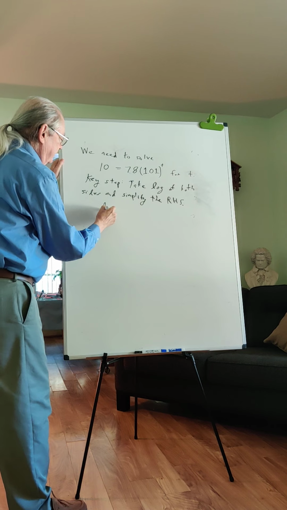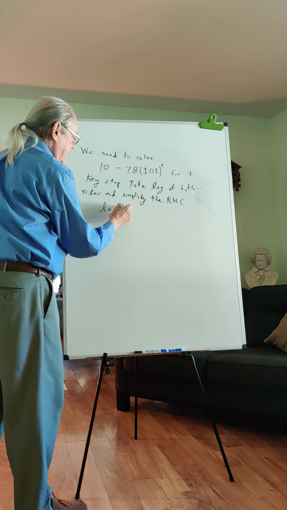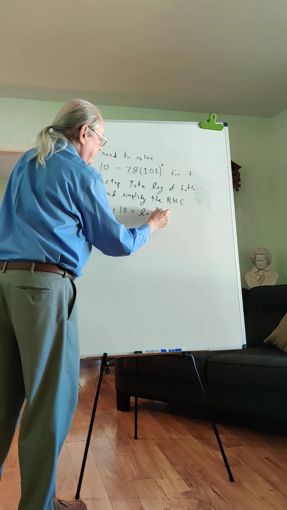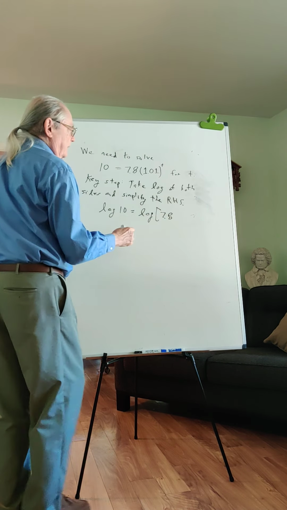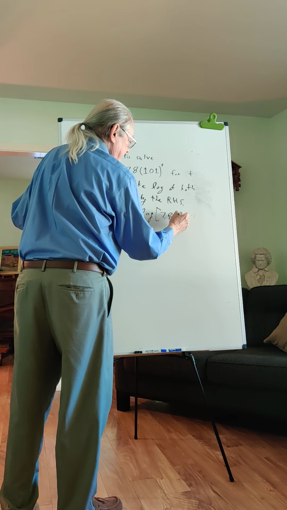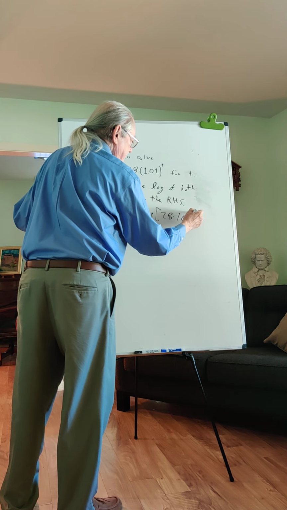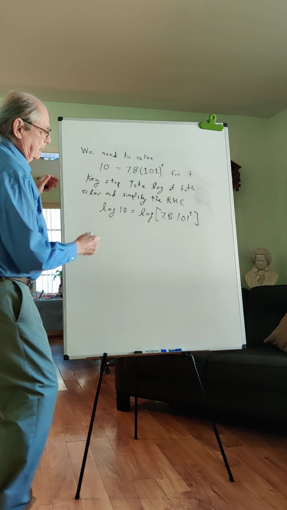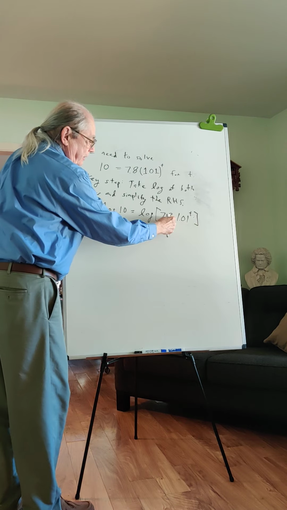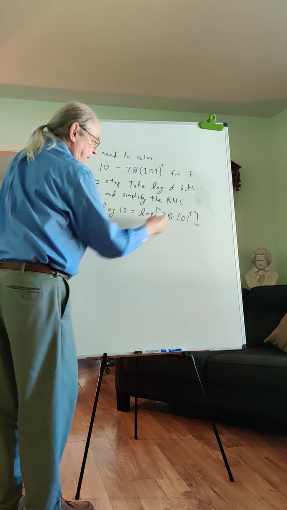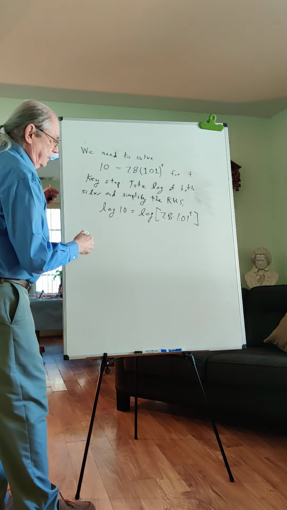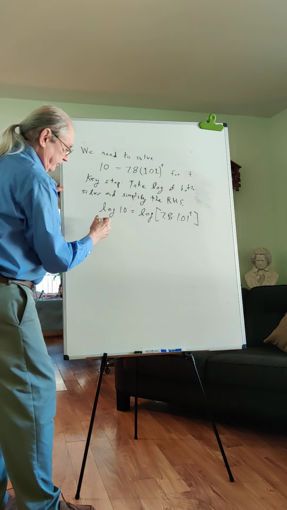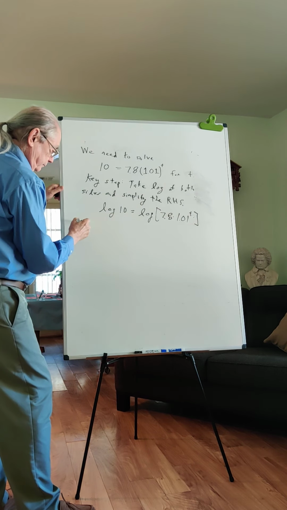So the log of 10 equals the logarithm of 7.8 times 1.01 to the t. And now we have a product, this times this, and we have a power. So go back in your notes or in the textbook, you'll see what the properties are that let us rewrite this.